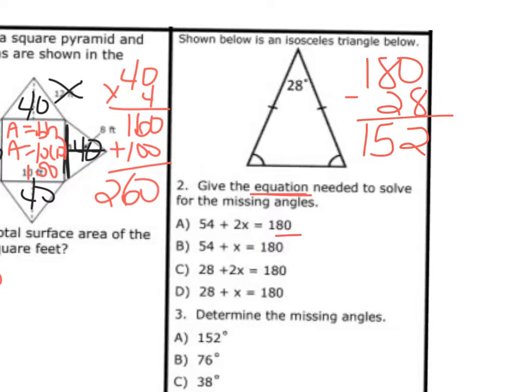Okay, now if you notice, it does give you, if it's asking you for an equation, we know that it equals 180 degrees, and that means I need to look at the total, and they all have that. So what is it that they're doing incorrectly, though? Which one's the correct answer? So is it 54 plus 2x equals 180?